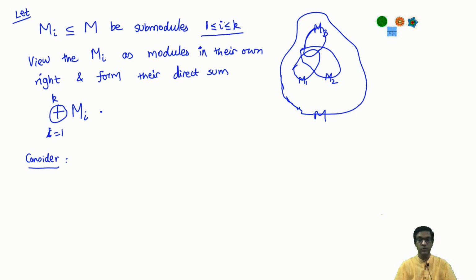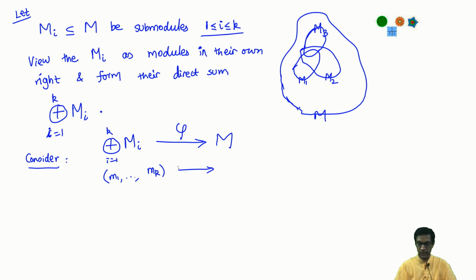I can view those as modules in their own right and form the direct sum. Now from this direct sum, there is always a homomorphism that I can define to my module M. Okay, so consider the map phi from this direct sum. So what is this map going to be? Well, a typical element here looks like this, (m1, m2, ..., mk). So what I'll do under this map phi is to just send it to the sum of these elements, for all mi coming from Mi.